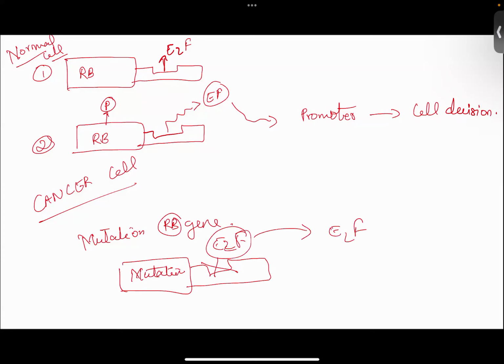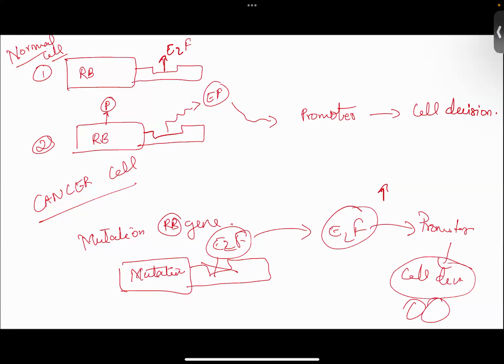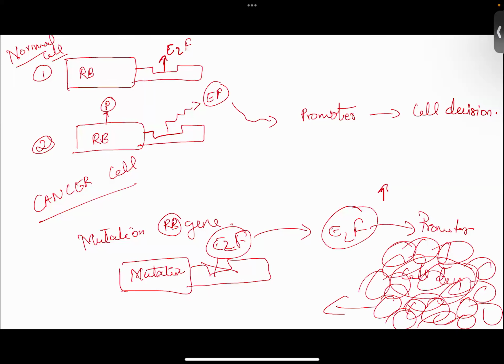It goes and binds to the promoter and drives cell division. There will be overactivity, hyperactivity of E2F, and so continuous cell division, which leads to neoplasm and finally to the development of a tumor. Understood?